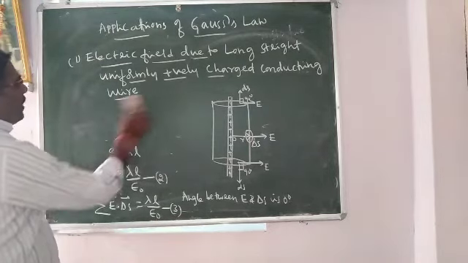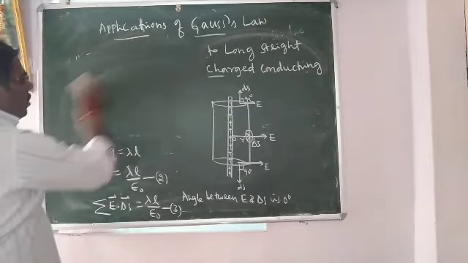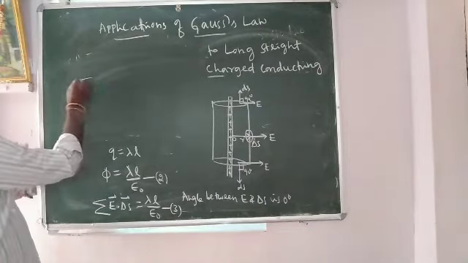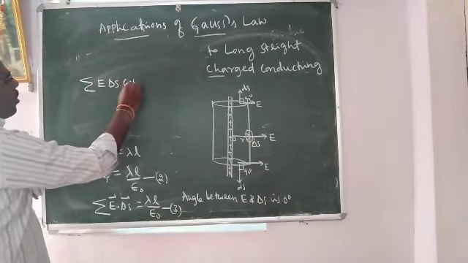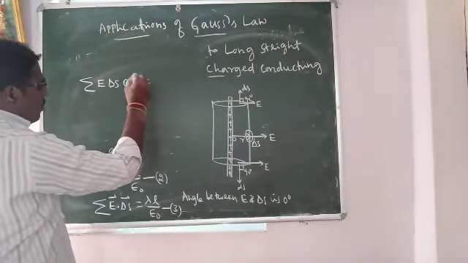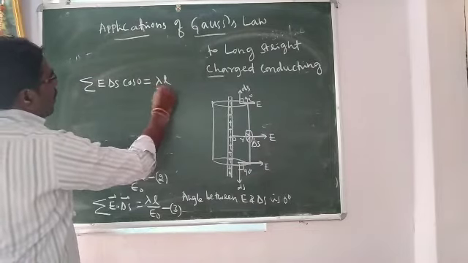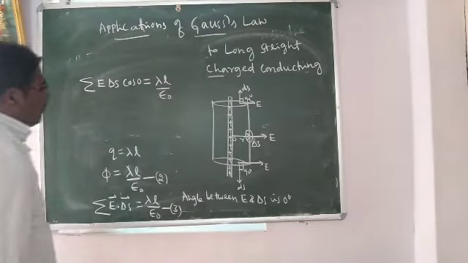In equation 3, we put summation of E into delta S cos 0 is equal to lambda L by epsilon naught.